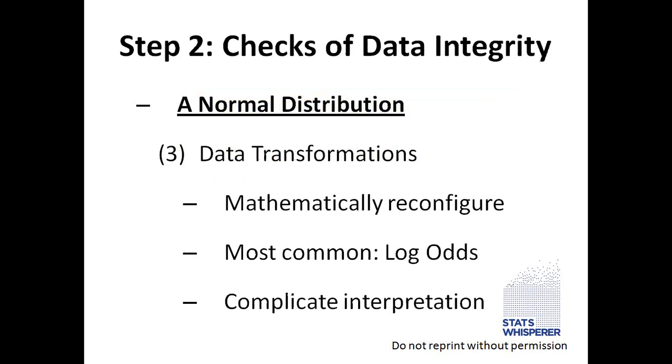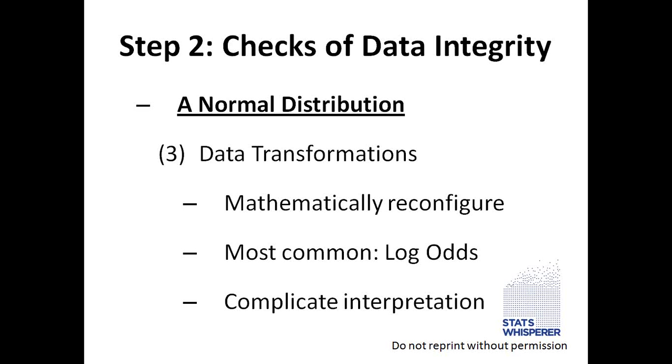Now the data transformations. If we have a non-normal distribution, many times people want to do what's called a data transformation. And this is something you have to be very, very careful with. The data transformation mathematically transforms the variable.